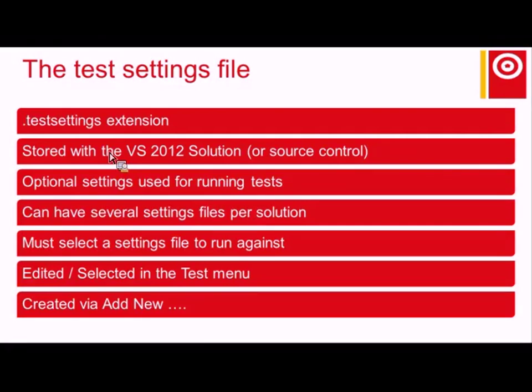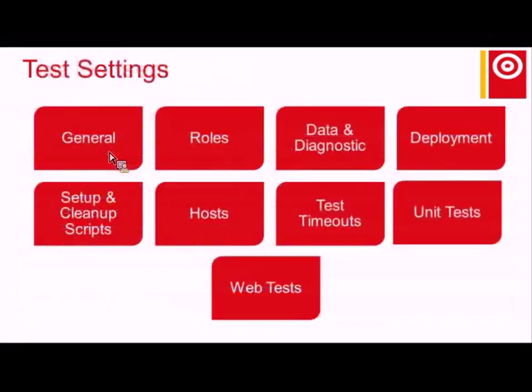You might have one for running the tests locally on your machine whilst you're preparing the tests, and another which you wish the real testers to use when it's into production testing. When you've got test settings files, you must select which of the files you're going to use, and you can change them as you need them, and in 2012 you create them, as I'll demonstrate in a little while. The test settings file generally contains these topics.